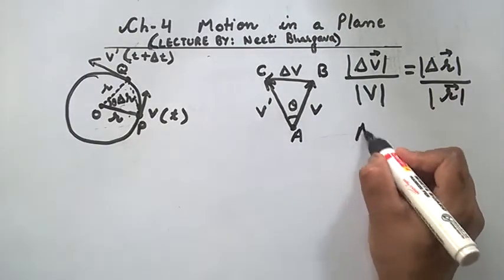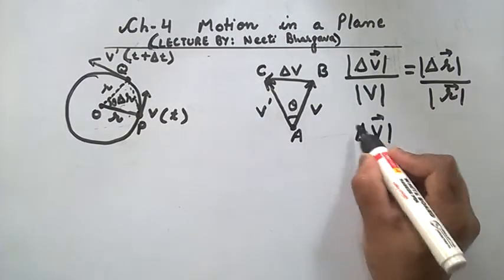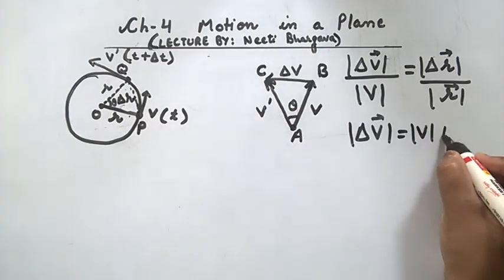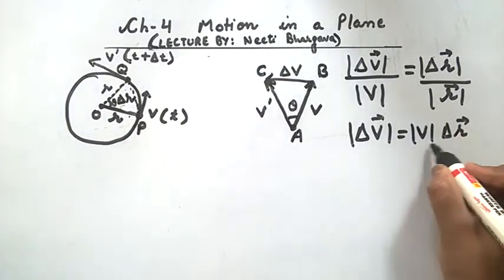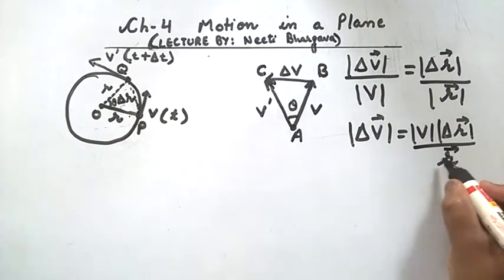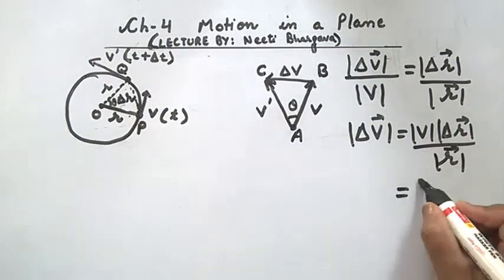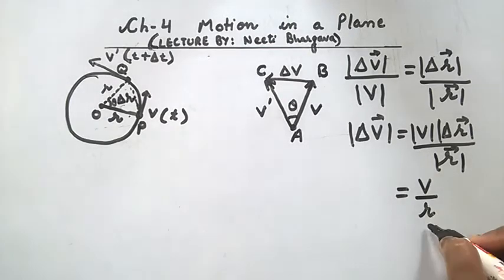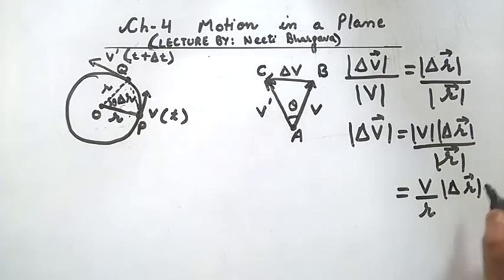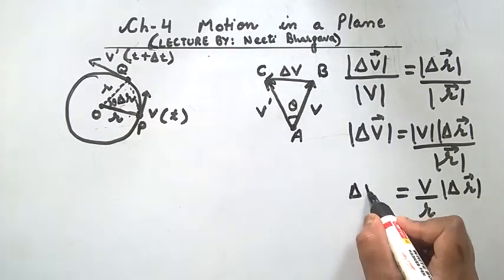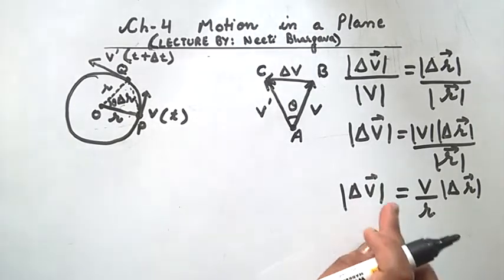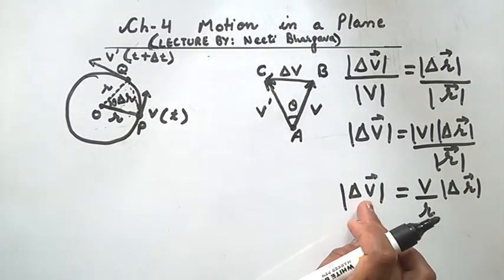Or we can write the magnitude of del V is equal to V del R upon magnitude of R vector, or simply V by R into del R vector equals del V. Therefore, again we have calculated the value of change in velocity.